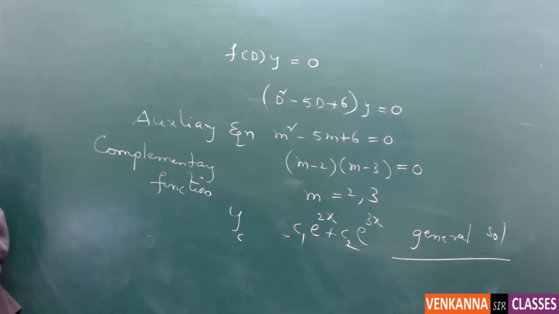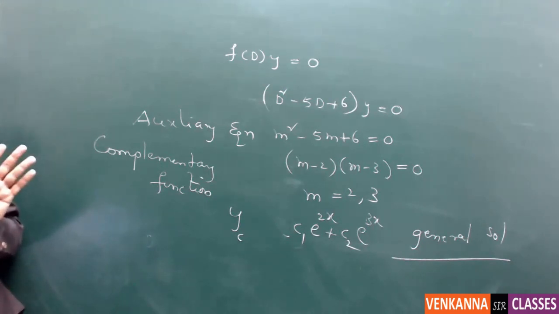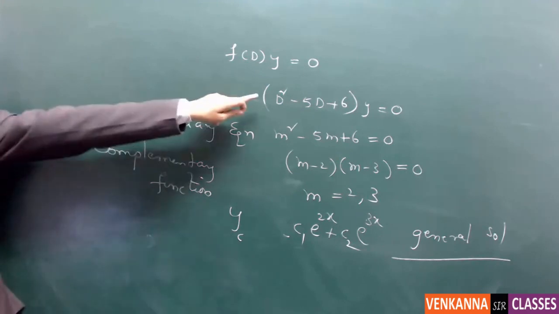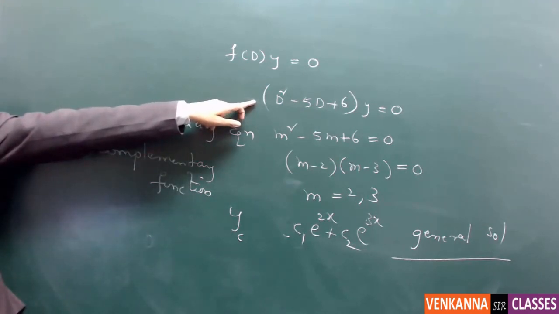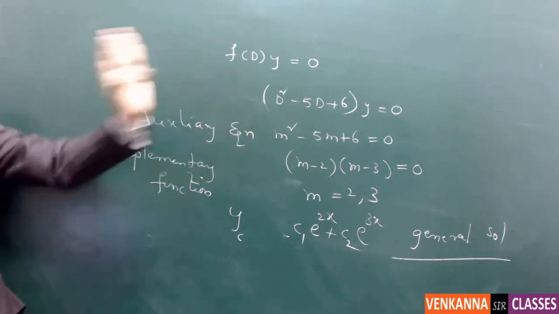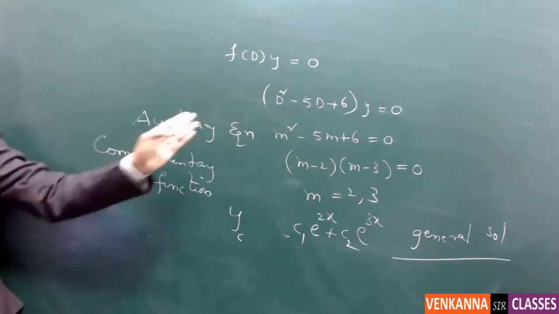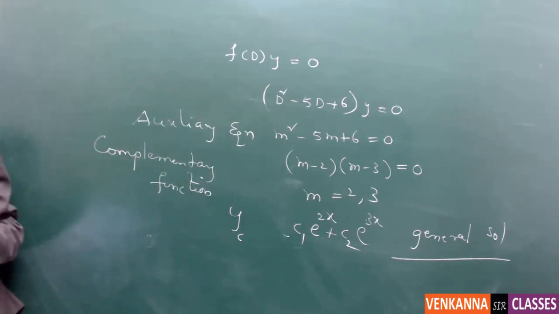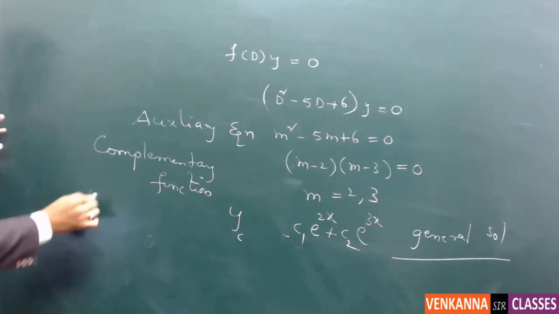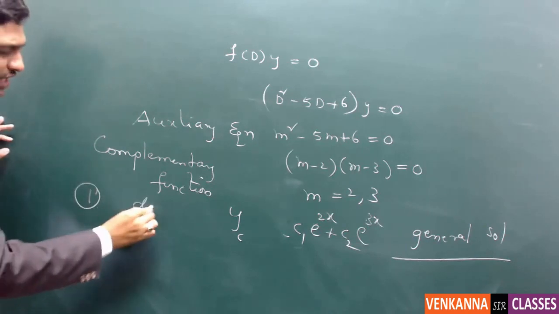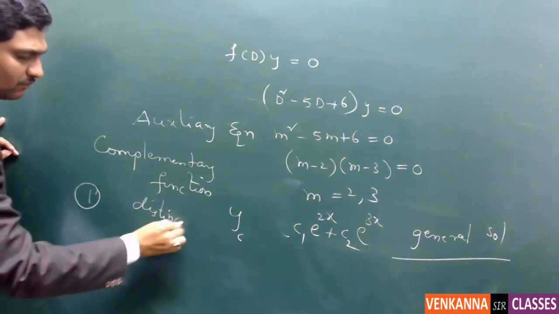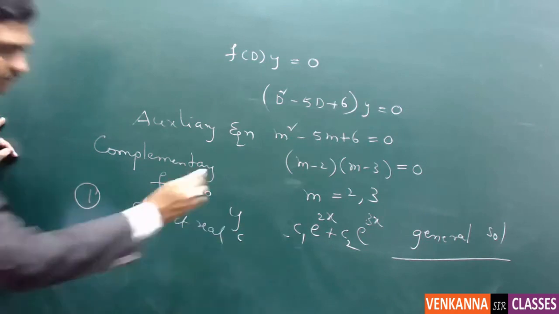Now, in our discussion of homogeneous equations, you can take second order, third order, up to fourth order questions will be given to us for finding the solutions. So while finding the roots, the possible cases are: first, all the roots are distinct and real numbers.